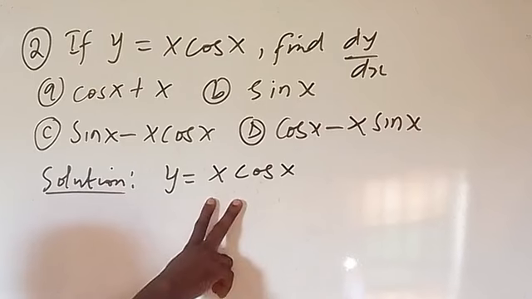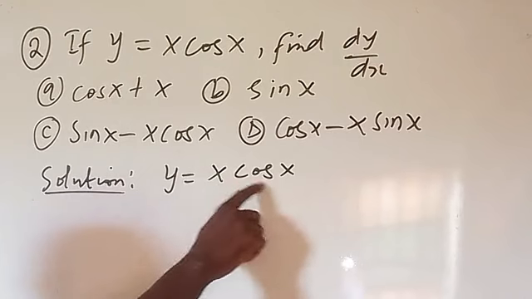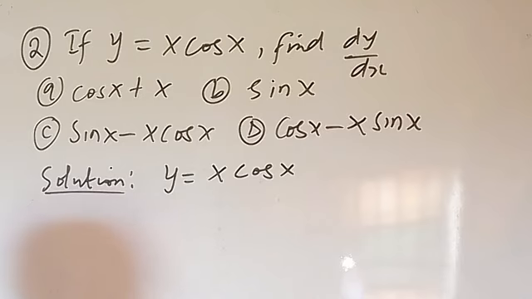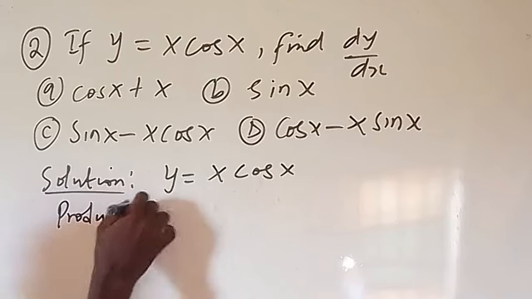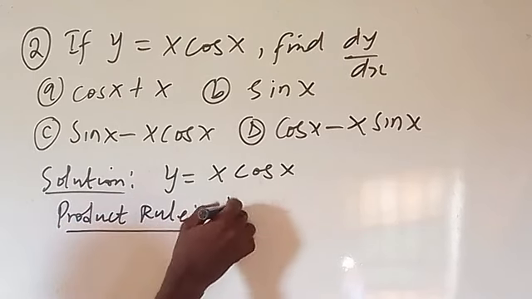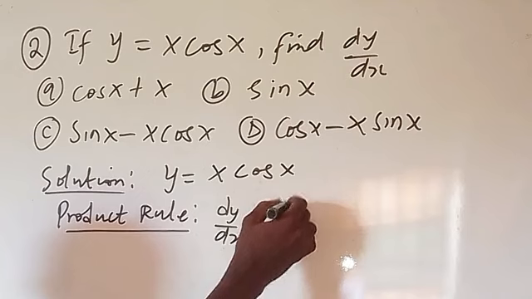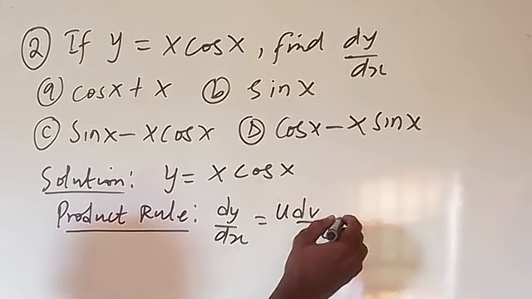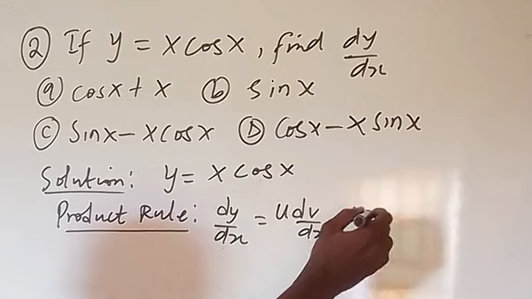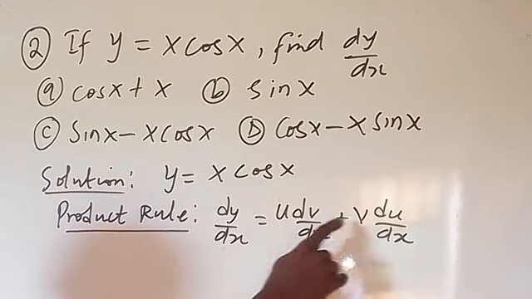Now here, in this function, you can see we have x and we have a trigonometric function. Therefore, we have the product of two different functions. So when you have that, the formula we are going to use is the product rule. The product rule states that dy/dx is going to be u dv/dx plus v du/dx.